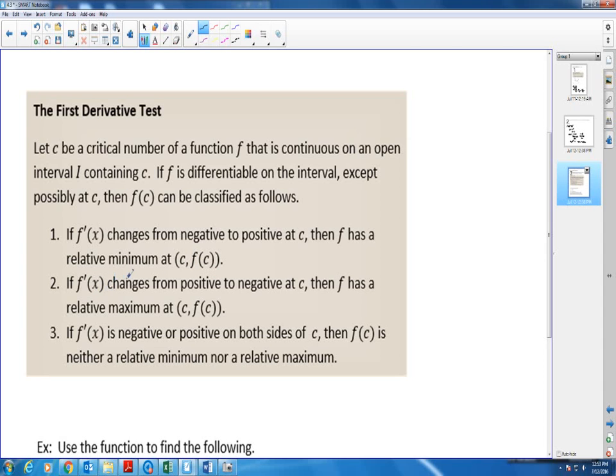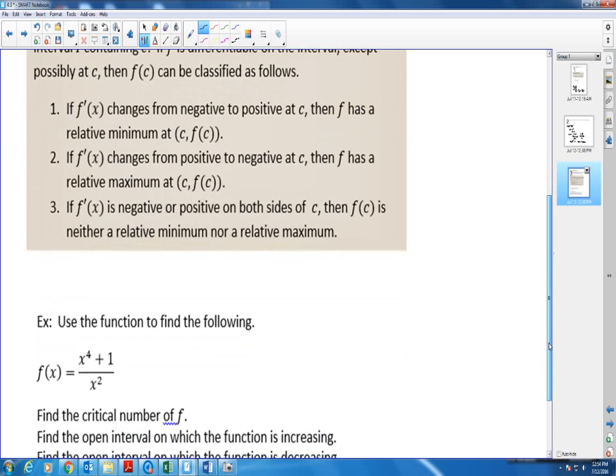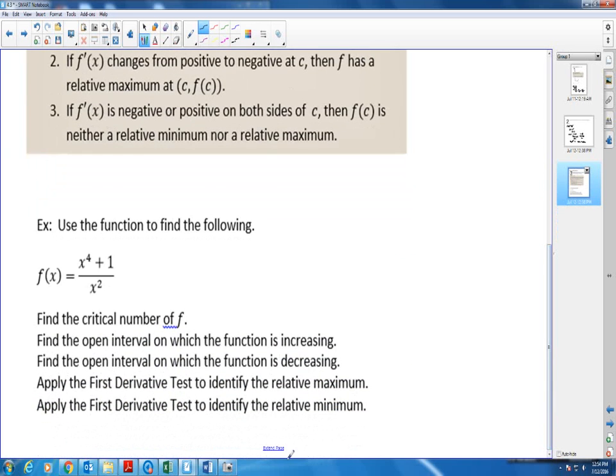If my f prime of x changes from positive to negative, then my function has a relative maximum at (c, f(c)). If f prime of x is negative on both sides of c, or positive on both sides of c, then f of c is neither a relative minimum nor a maximum.